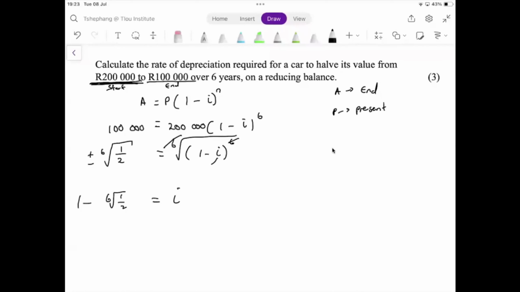I took the i to that side, it became positive, and the 6th root of a half to the other side, it became negative, and I just rearranged. Plug this into the calculator, and the interest rate is simply going to give you 10.91%. And that is the interest rate.